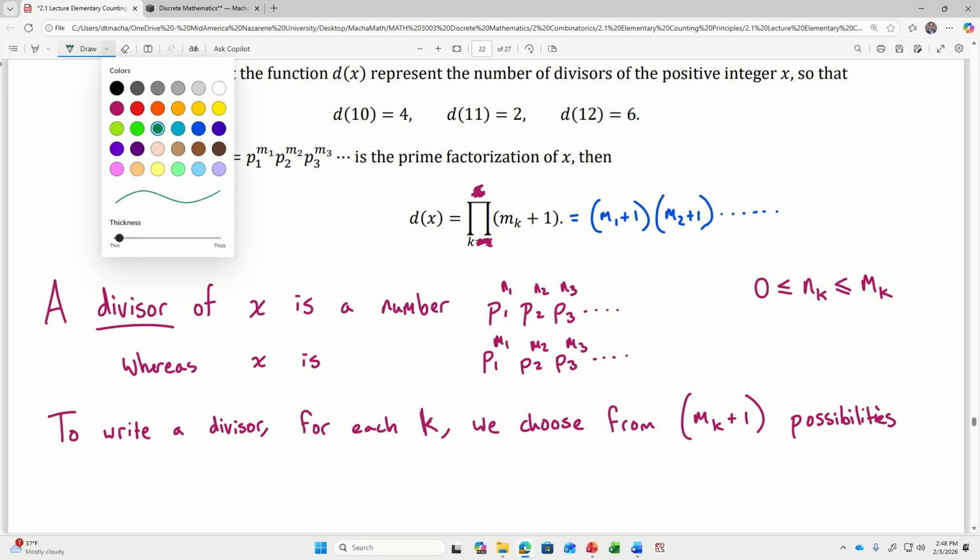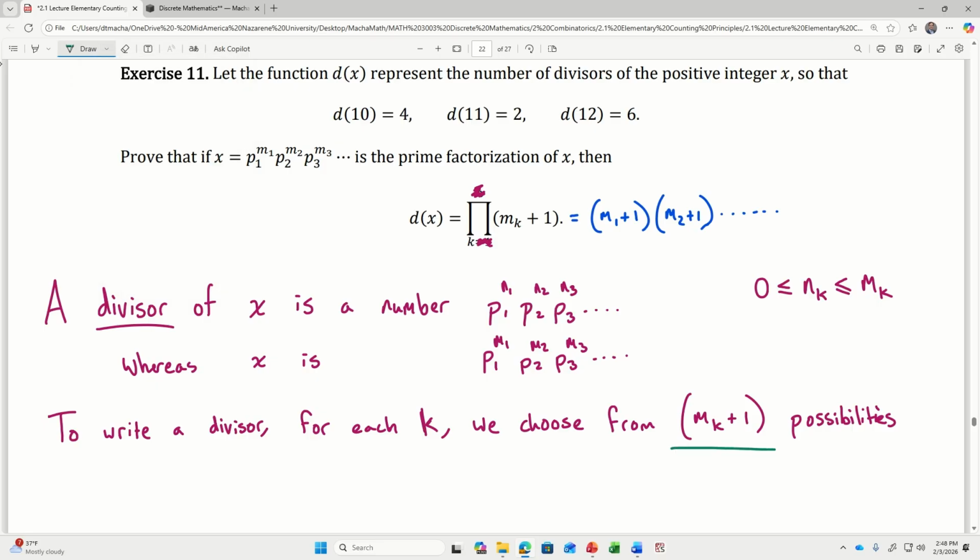What are those mk plus 1 possibilities? That's 0, 1, 2, 3, 4, 5, up to mk. That makes a total of mk plus 1 possibilities.